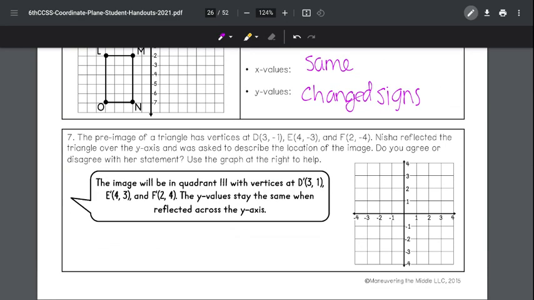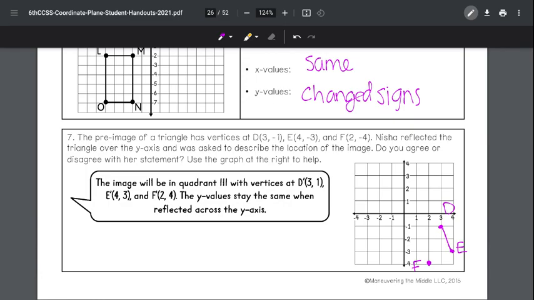Number 7, the pre-image of a triangle has vertices at 3, -1, 4, -3, and 2, -4. So F, E, and D. Okay.